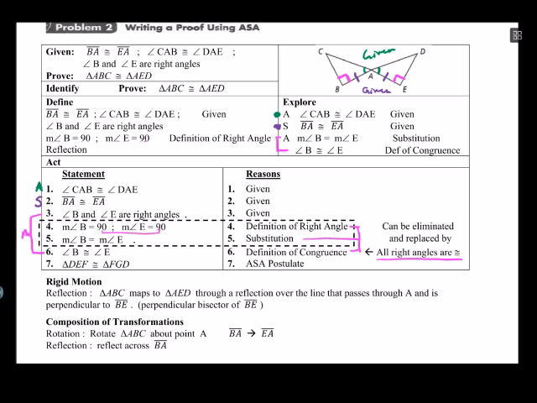And so we have another editing error. I apologize. We were trying to prove that triangle ABC is congruent to triangle AED.